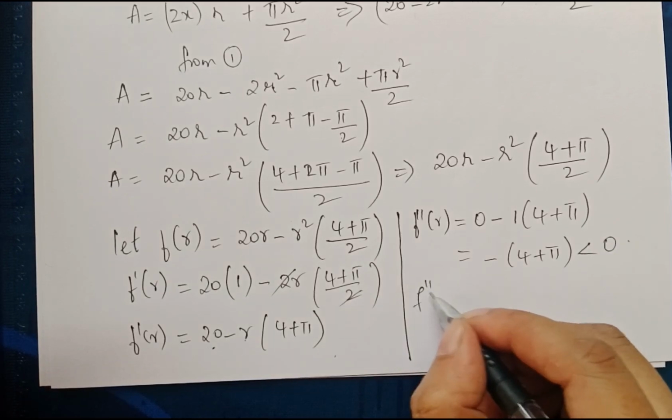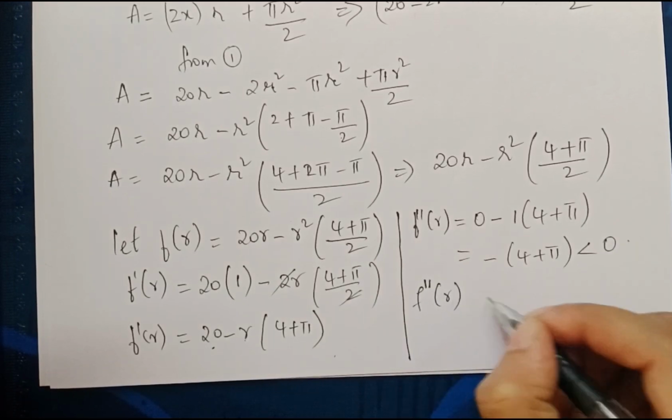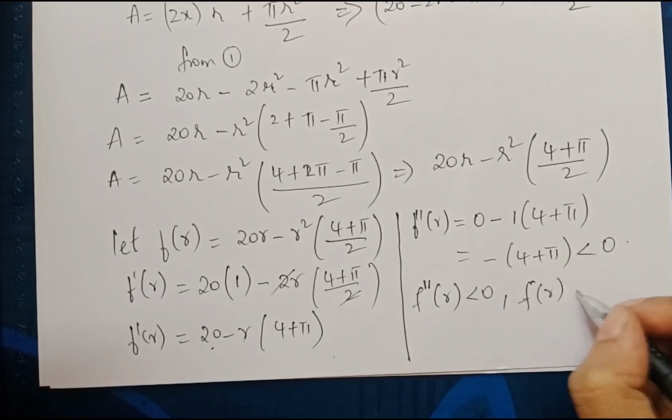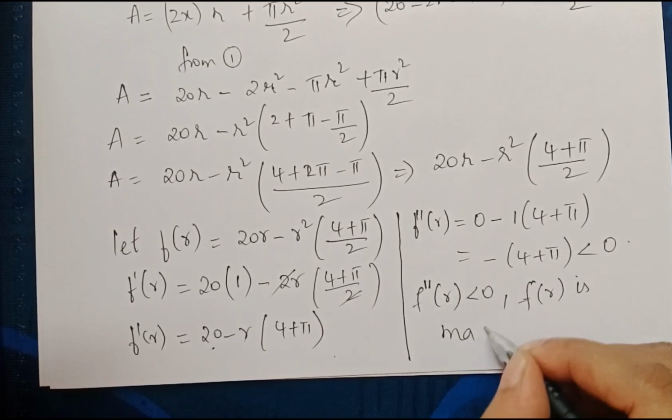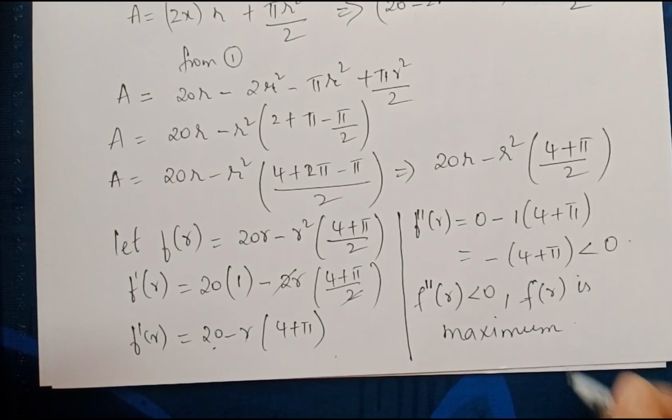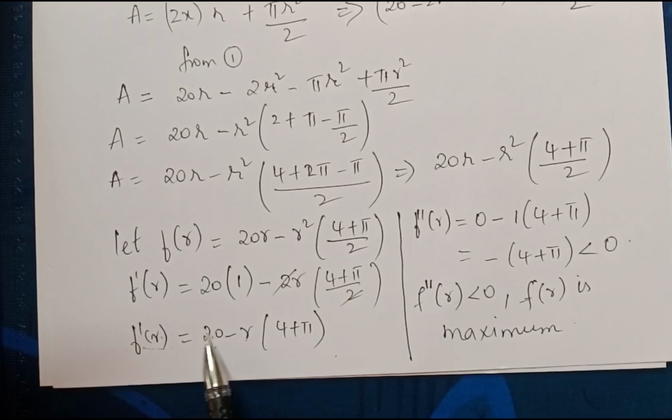If the second derivative of f of r is less than 0, so we can say that f of r is maximum. And we know the other condition, for any maximum or minimum, the function f dash of r will be equal to 0.